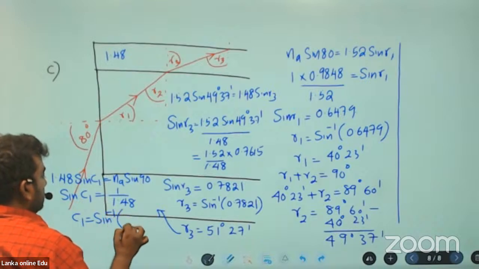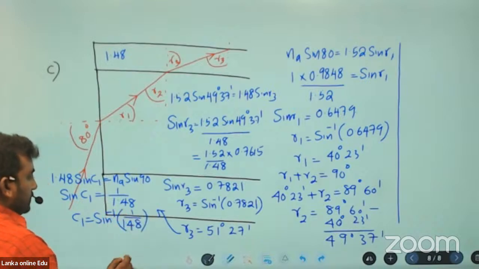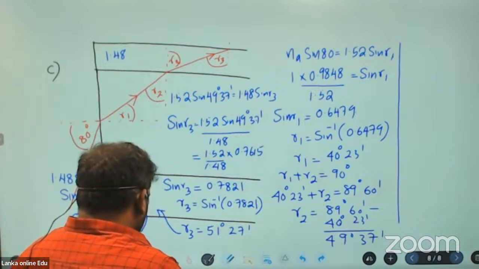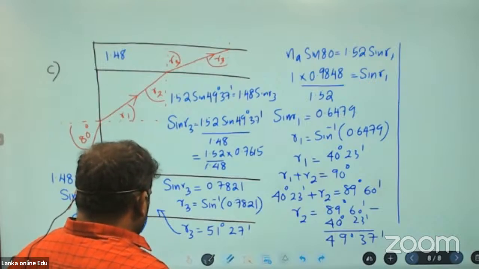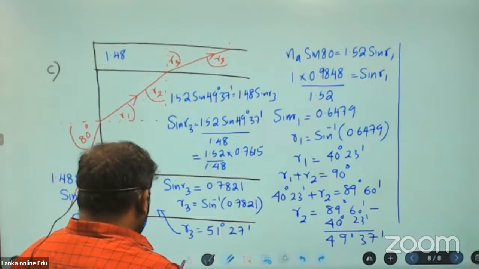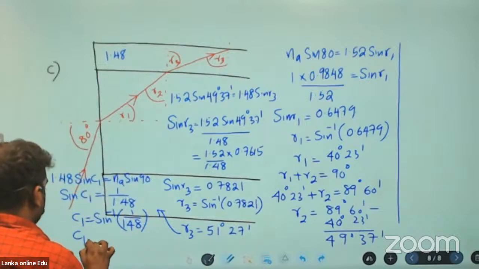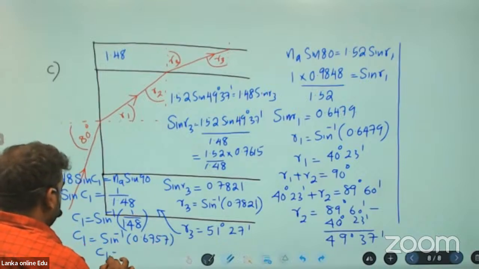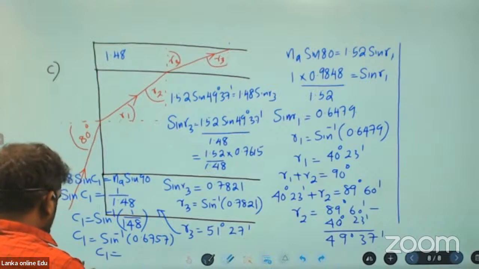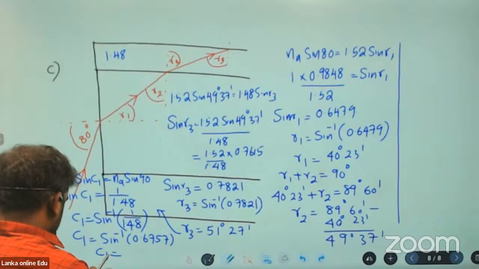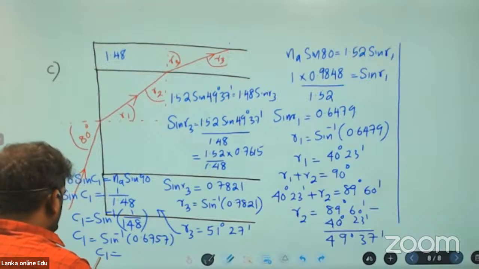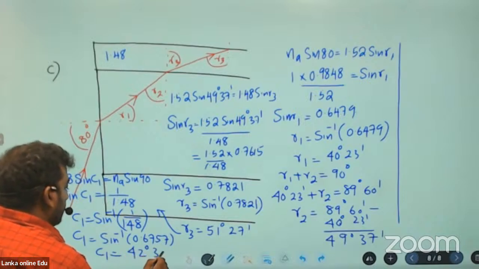C1 is sine inverse of 0.6757, about 42 degrees 30 minutes.